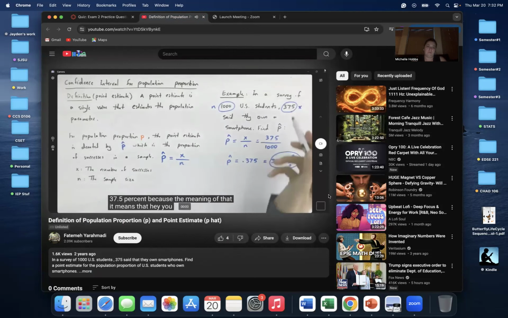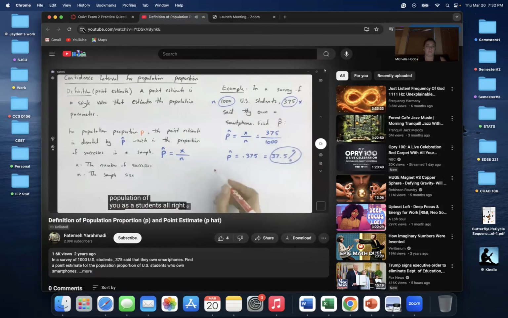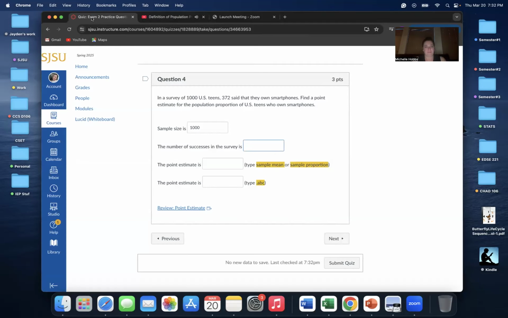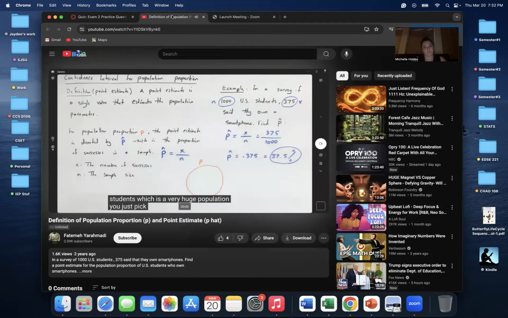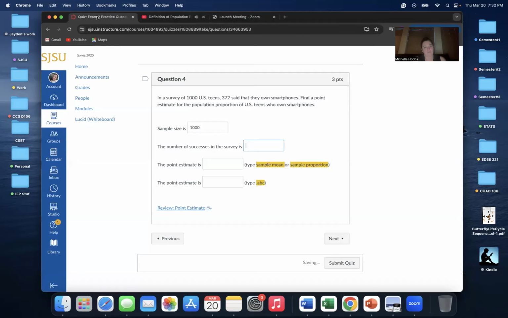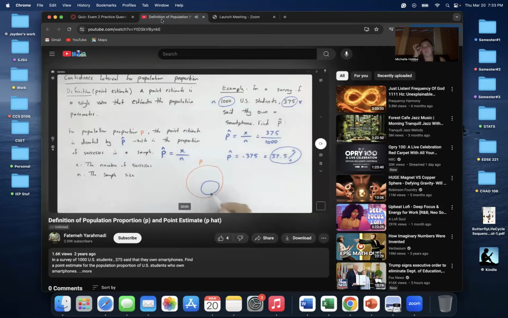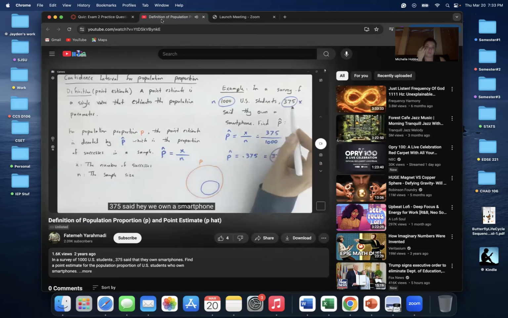It means that you have a huge population of US students, all right? So here you have a population of US students, which is a very huge population. We just took a small sample, 1,000 of them. Now, in 1,000, 375 said, hey, we own a smartphone.